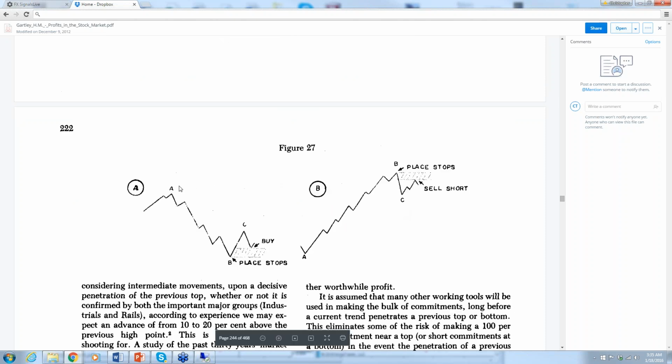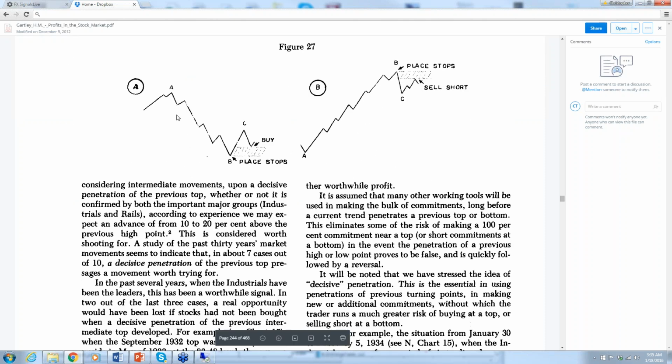a gentleman by the name of Larry Pesavento saw this in this book and came up with his version, or what he considered called the Gartley pattern.